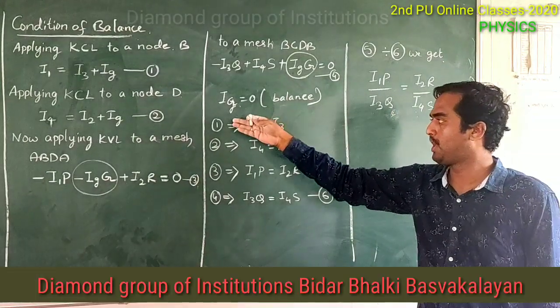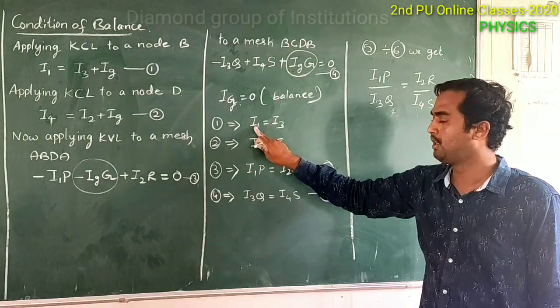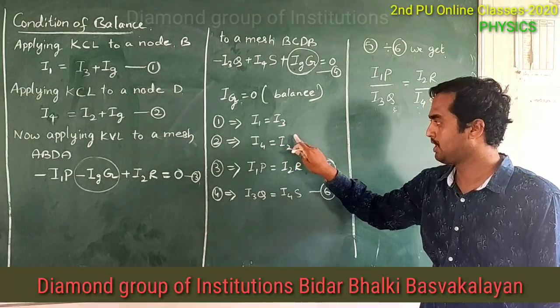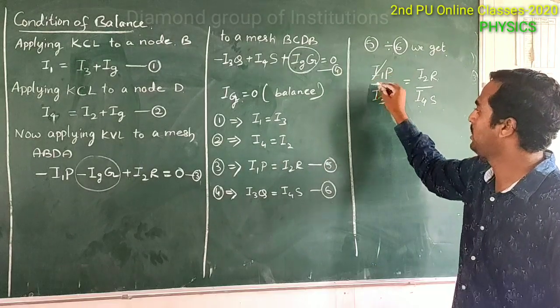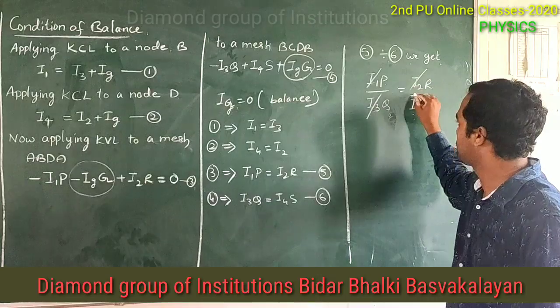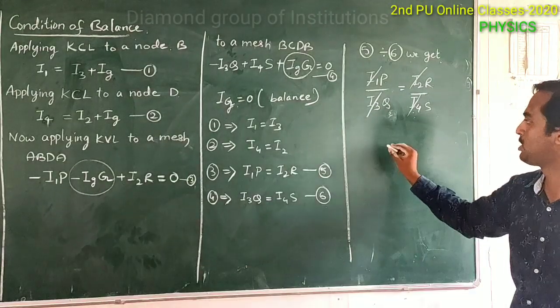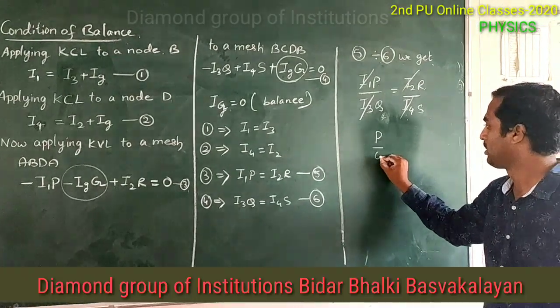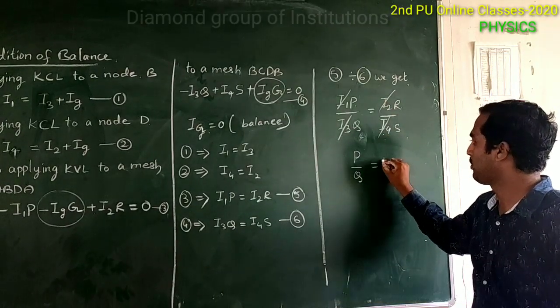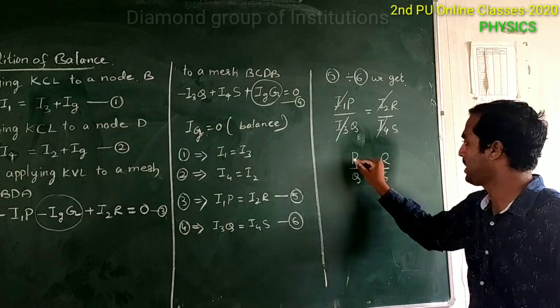But from equations 1 and 2 we can see I1 current is equal to I3, I4 current is equal to I2. So I1 as well as I3 will get cancelled. Similarly, I2 as well as I4 will also get cancelled. So what is the remaining value? P by Q equal to R divided by S.